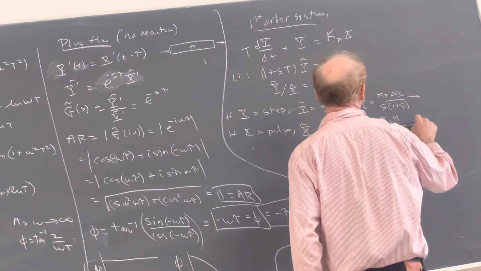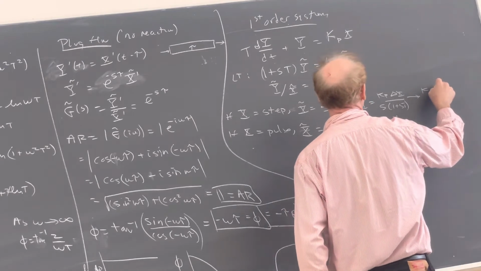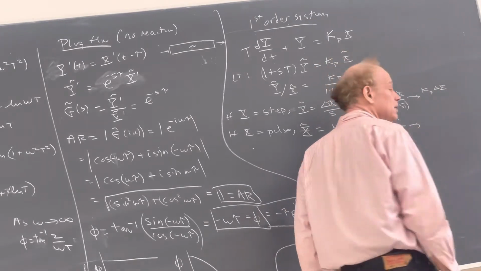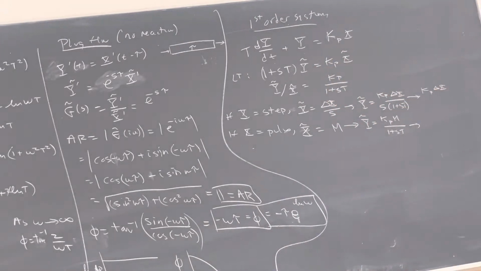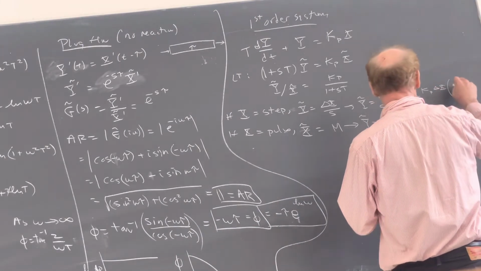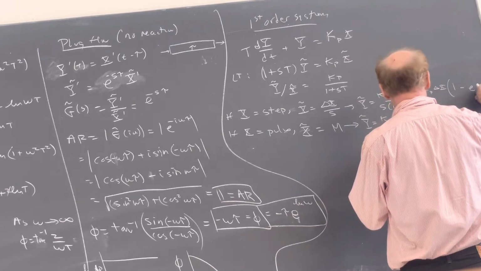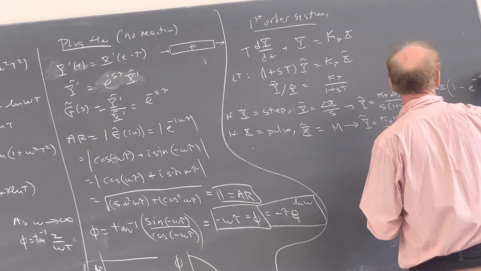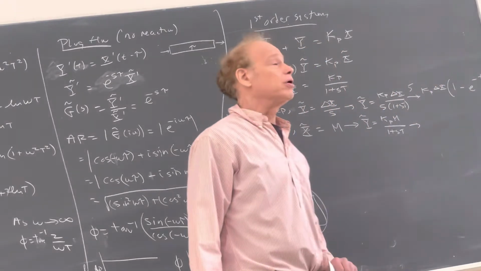And when I invert, we're going to get Kp delta x times the inversion of 1 over s, 1 over 1 plus s tau. We've done this before, so I'm rushing through it a little. It's line 5 in the table: 1 minus e to the minus t over tau.